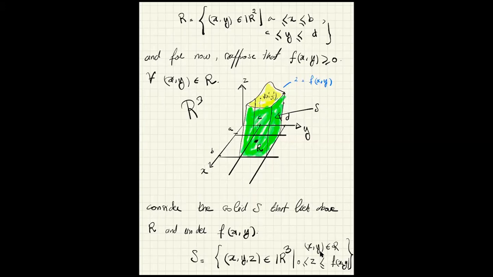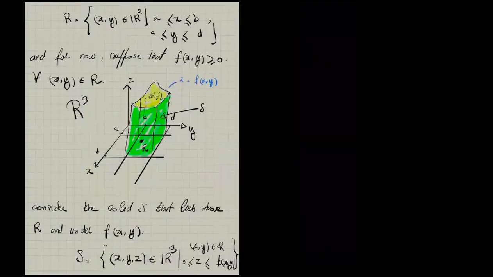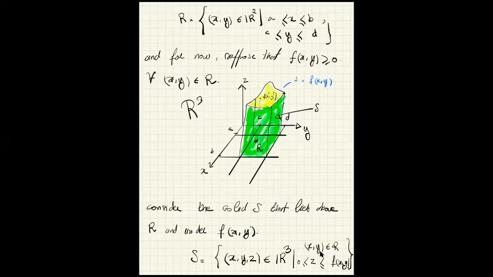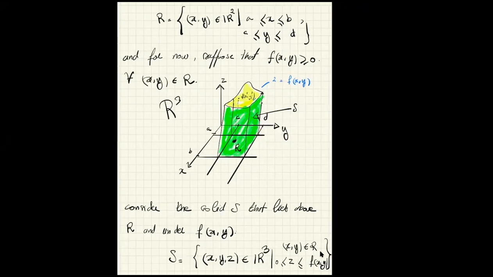So what is the volume of the column that is here? It has as base this very small rectangle and height equal to f of x_i star, y_j star. This is just the normal formula: the area of the base times the height of the column.